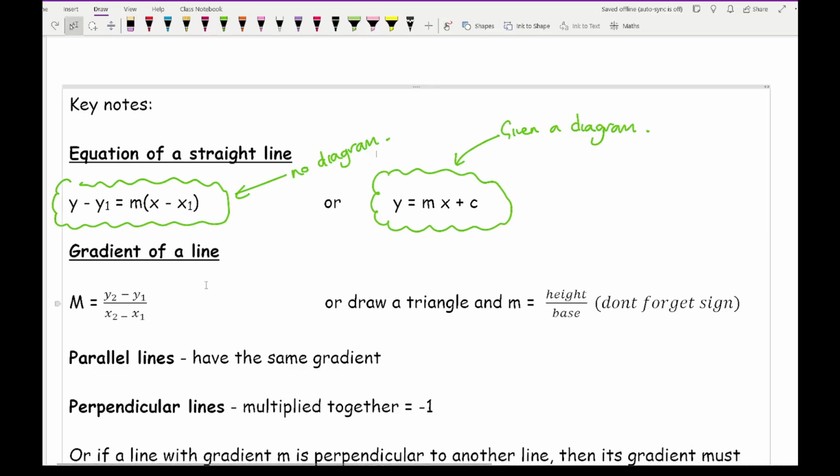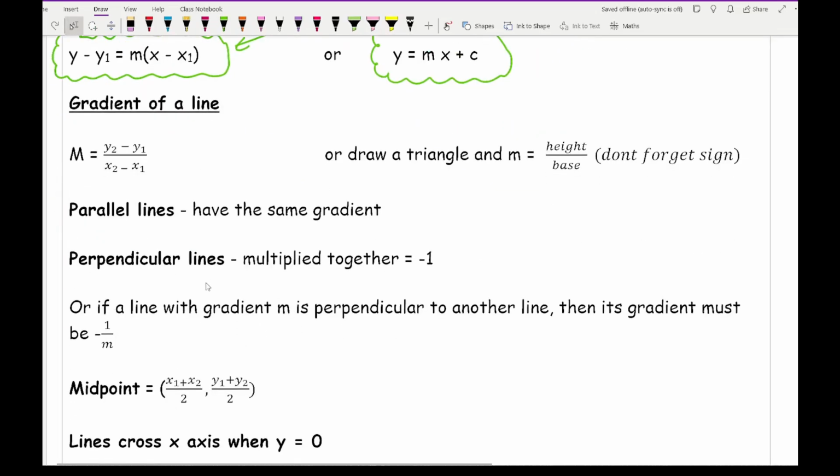Now the next thing to remember is the gradient of a line. If you know two coordinates, or it's easier for you to find two coordinates, then I would strongly recommend using the formula gradient = (y2 - y1) / (x2 - x1).